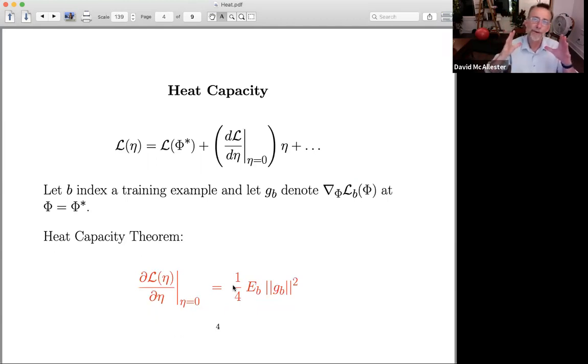If you just remember this trick of saying the width of the distribution has to be the same before and after an update, if it's a stationary distribution, that insight drives the whole theorem. So if you don't remember the theorem, if you really had to, you could just take that insight and derive the theorem. Okay, thank you. We'll stop there.